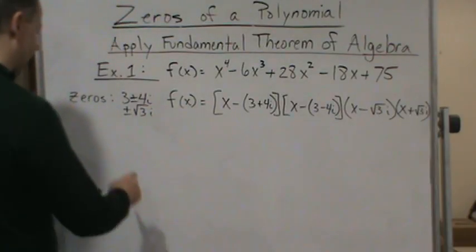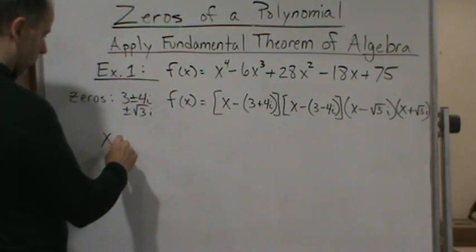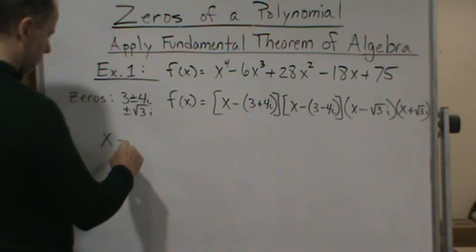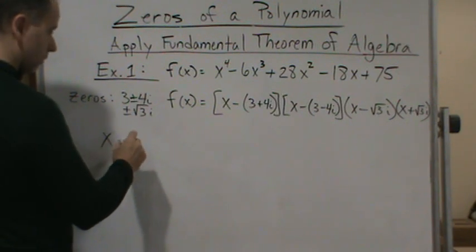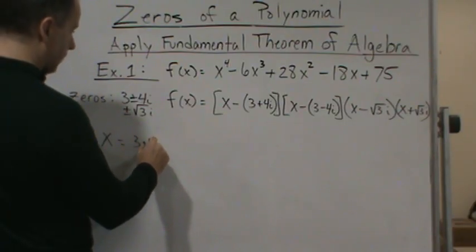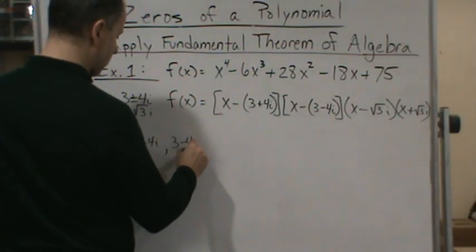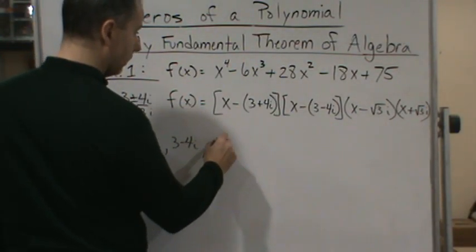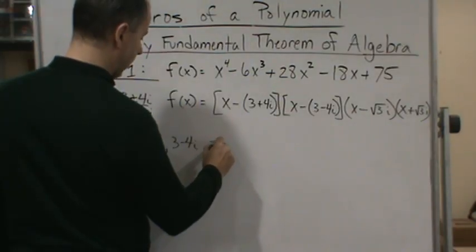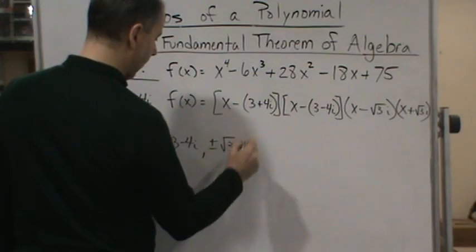So we know that x will equal 3 plus 4i, 3 minus 4i, and plus or minus square root of 3 times i.